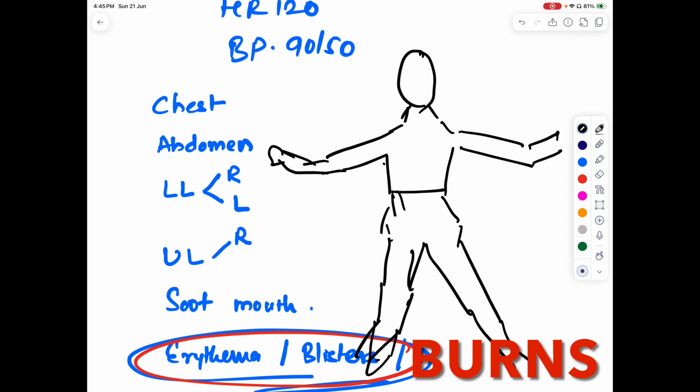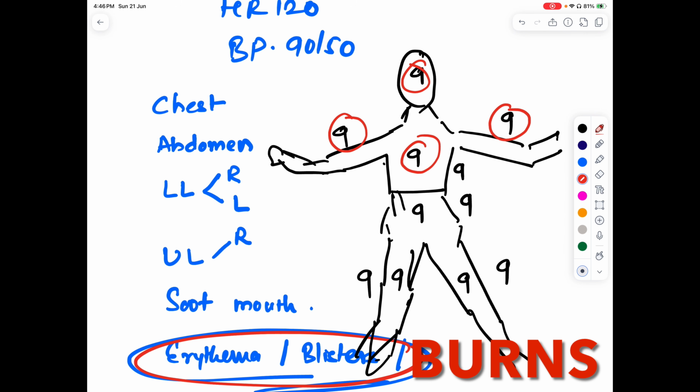Just divide this: this is 9%, this is 9%, this complete arm is 9%, anterior trunk is 9, posterior is 9, anterior is 9, posterior is 9, and the complete leg is 9. So you get it in this manner, and the perineum is 1%.